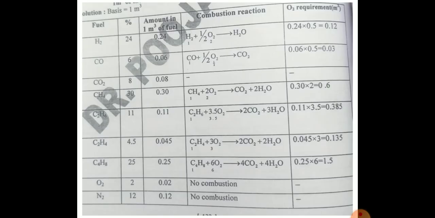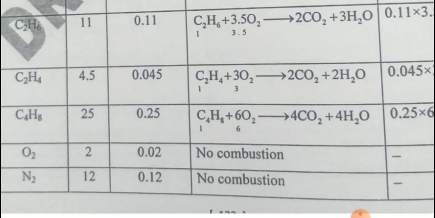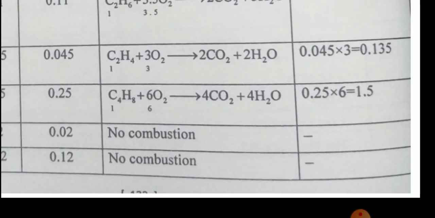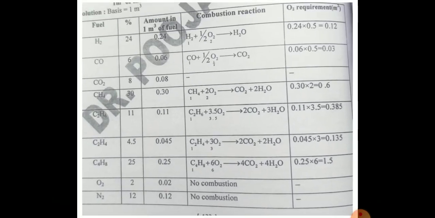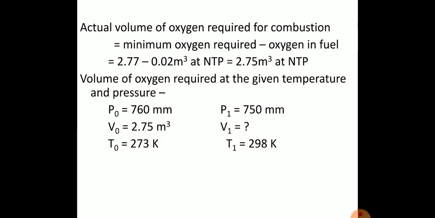Oxygen is present in the fuel, and 0.02 meter cube of oxygen is present. So it must be subtracted from the formula: 2.77 minus 0.02. At NTP it is 2.75 meter cube.